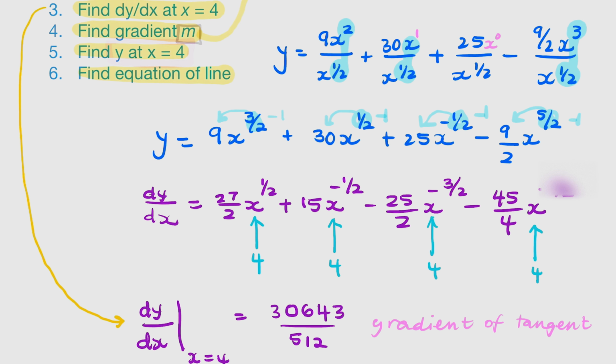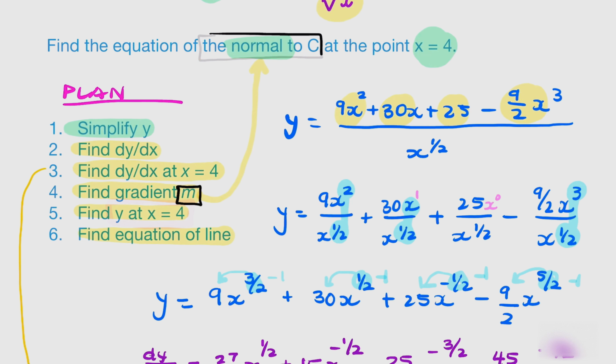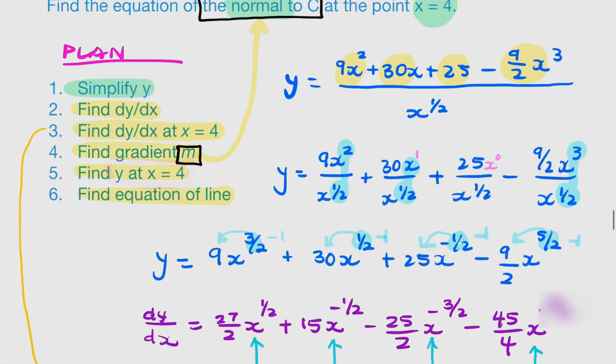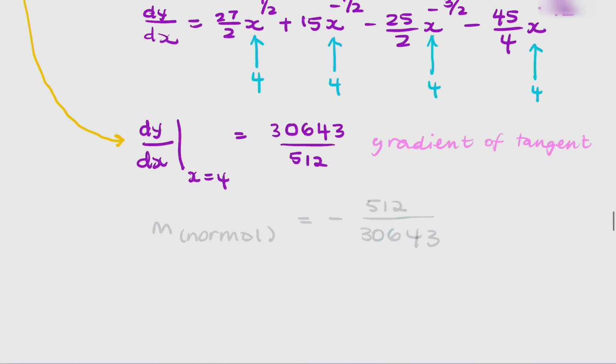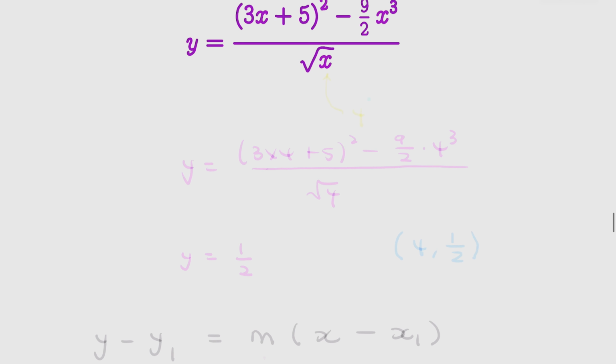But what we want is the gradient of the normal, because the question mentions finding the normal to C. So the gradient of the normal would be the negative reciprocal of dy by dx. So it would be negative 512 divided by 30643. So now we have the gradient of the normal.